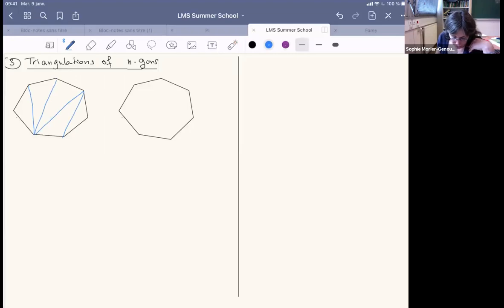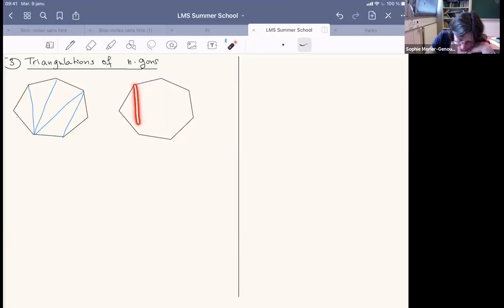For example, here I drew 4 diagonals, and to get a triangulation, I need the diagonals to not cross, to not intersect inside the polygon. The polygon is supposed to be convex. So a triangulation is to draw diagonals so that they don't cross, and you draw as many as you can, and you will get a division of your polygon into triangles.